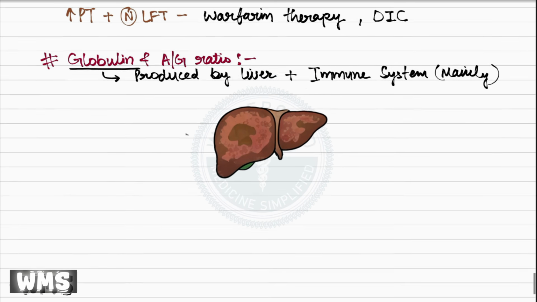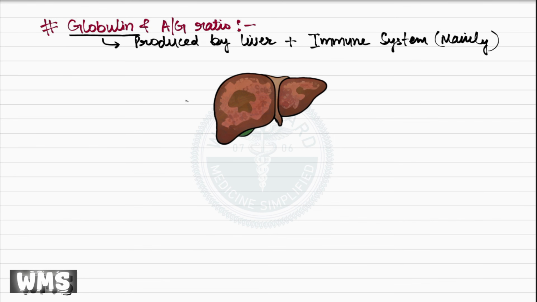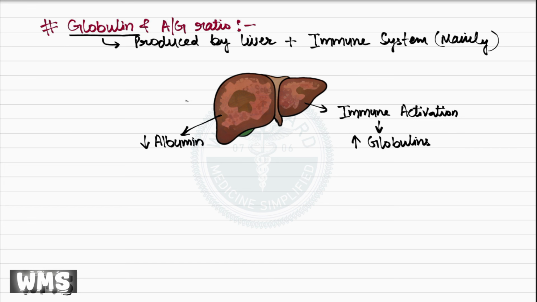In chronic liver disease, two things happen simultaneously. First, the damaged liver is unable to synthesize enough albumin, so albumin levels fall. And second, there is persistent inflammation and immune activation, which leads to increased production of globulins, along with reduced clearance by the liver.